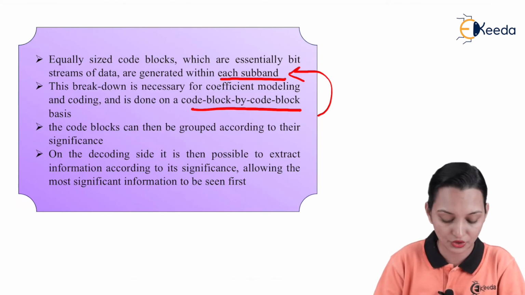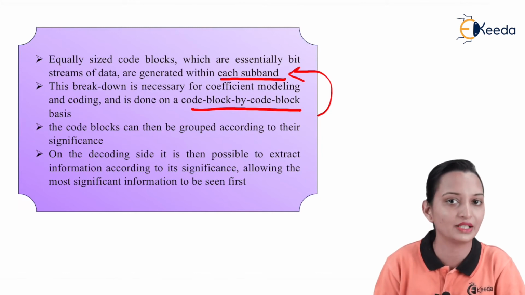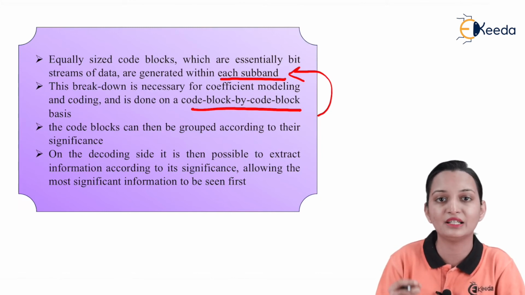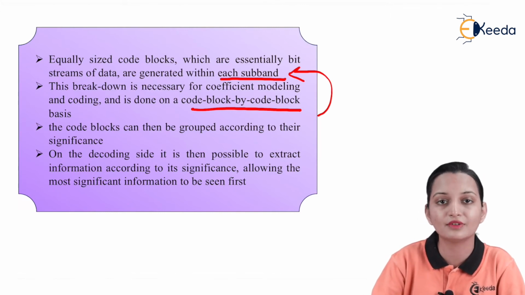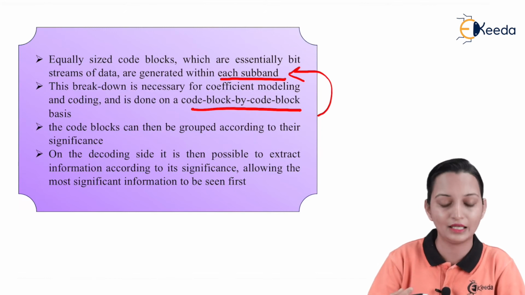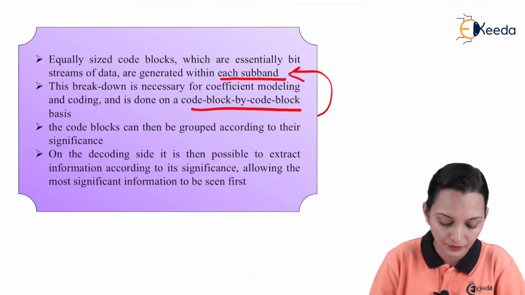So on the developed image after the decoding, the focused part of the image, that means the high level information content, will be decoded first, and that part of the image we will see first.